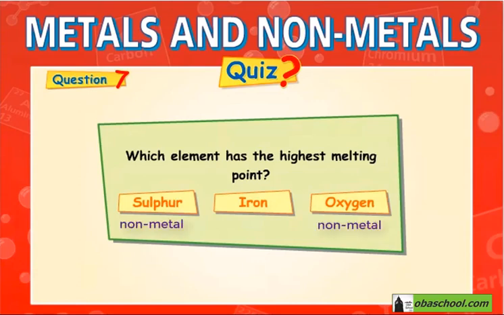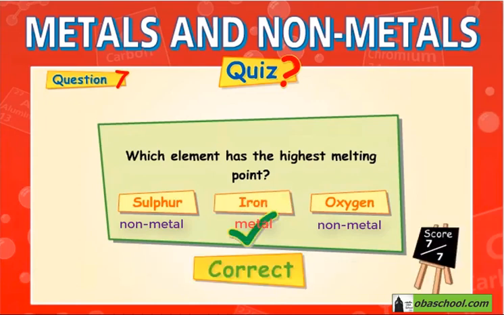Oxygen is a nonmetal. Iron is a metal. And from previous lessons, we know that metals have higher melting points than nonmetals. This leaves us with iron as the correct answer.